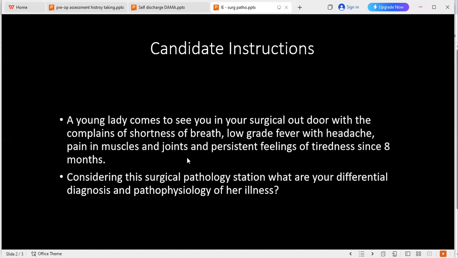Cardiac complications can be MI, arrhythmia, valvular regurgitation, and congestive cardiac failure. Non-cardiac could be stroke and kidney failure.